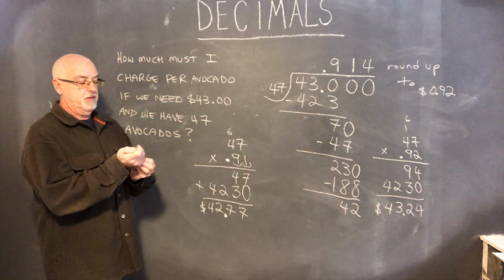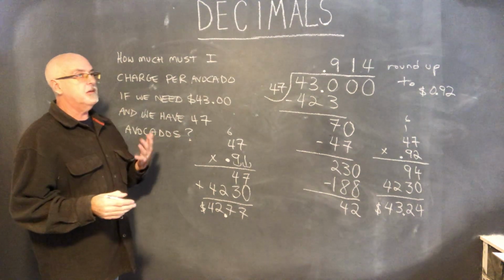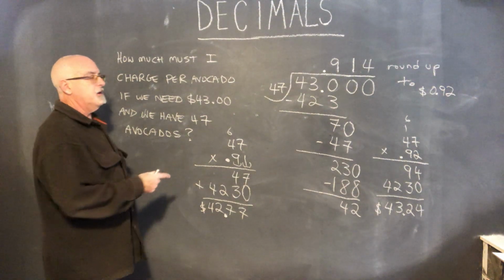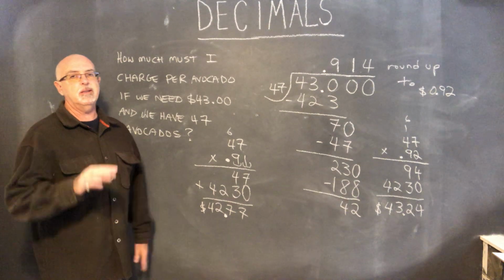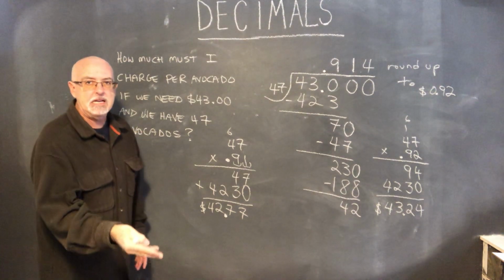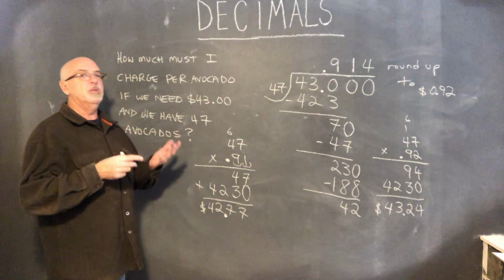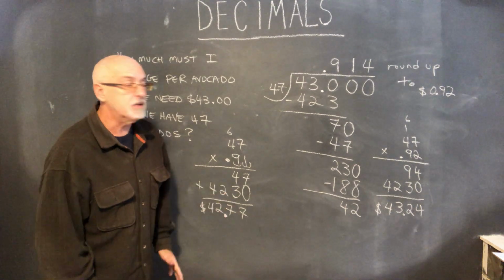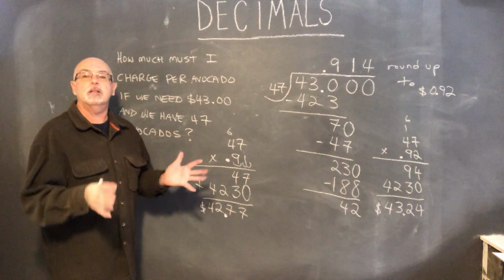And then, of course, we have the next factor to worry about, which is when you're selling avocados for 92 cents each, is 92 cents too inconvenient for the person who's selling and making change, and for the person who's buying, who might have to start scrambling around looking for pennies, that sort of thing.